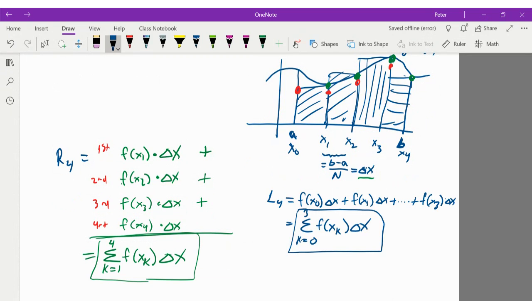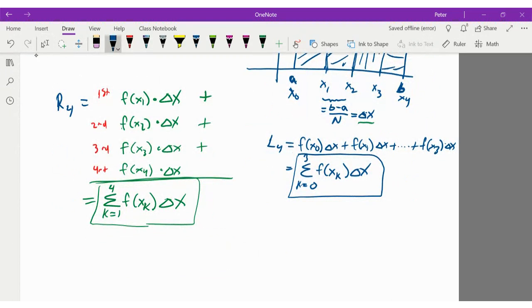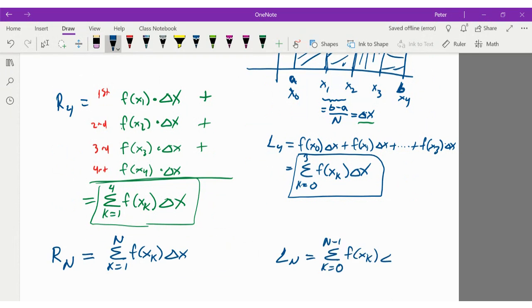And the reason this is useful is that I can write Rn as the sum from k equals 1 to n of f of xk delta x, and Ln equal to the sum from k equals 0 to n minus 1 of f of xk delta x, where in all cases delta x is just another name for b minus a over n.